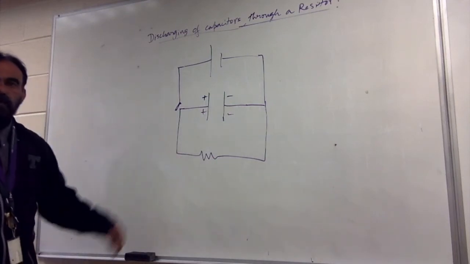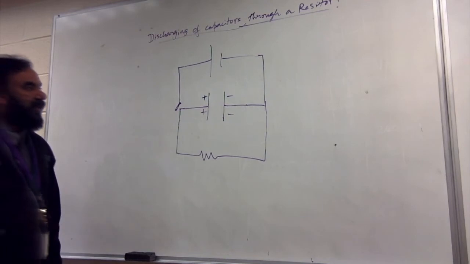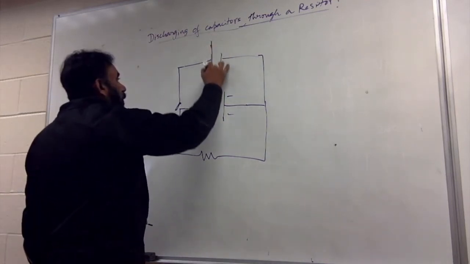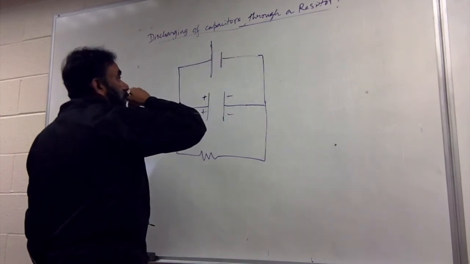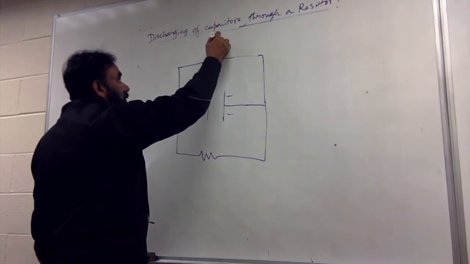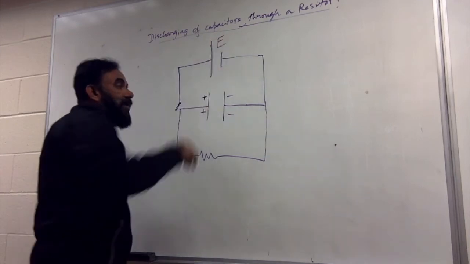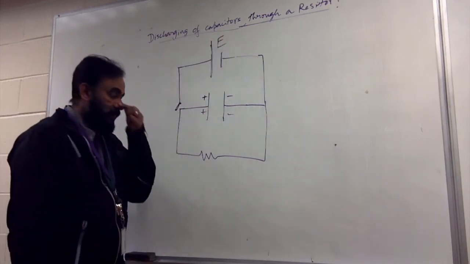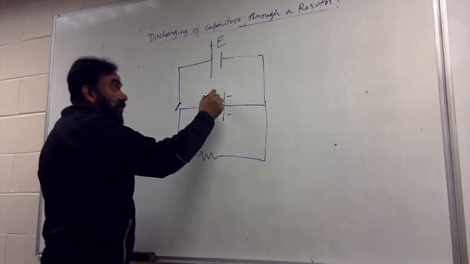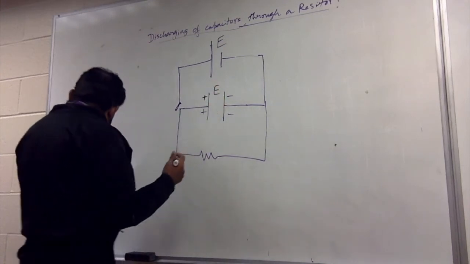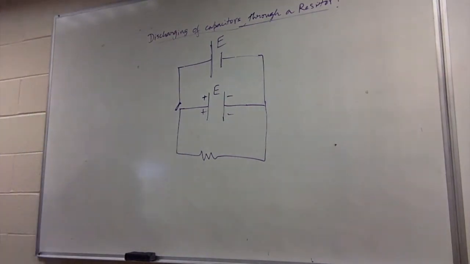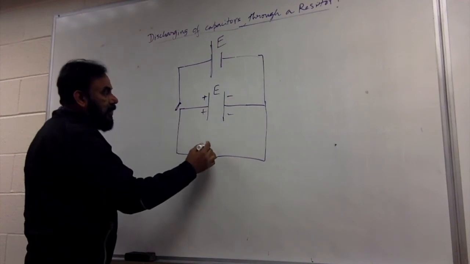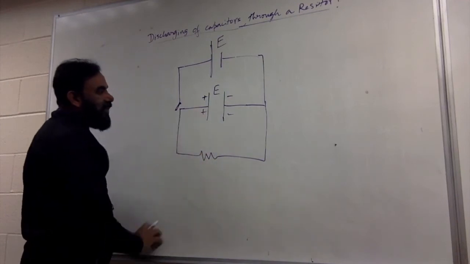and also there will be current flowing here. So if I'm going to apply the maximum voltage, which is basically the EMF, this is going to charge up to the EMF. The voltage to which this one charges is E. We don't generally write the E. It's not necessary.